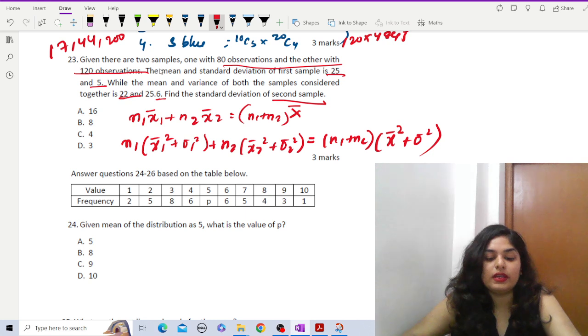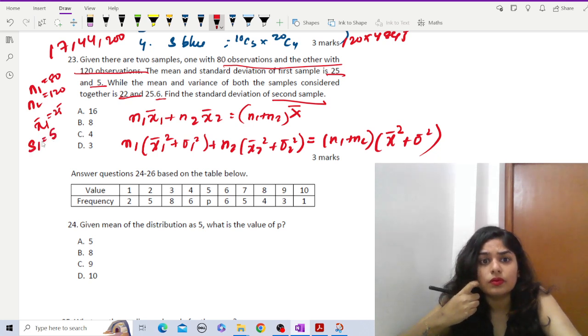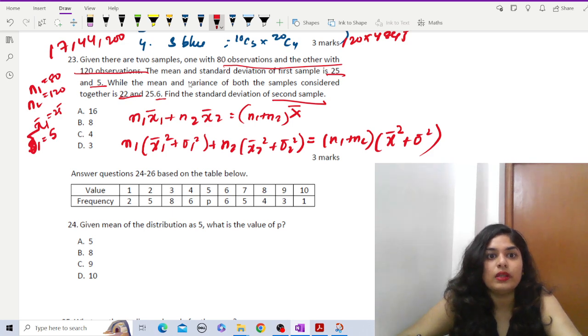We have the following values given. There are two samples, so n1 is 80 and n2 is 120. Mean and standard deviation of the first sample: x1 bar is 25 and sigma 1 is 5. For both samples together, grand x bar is 22 and sigma square is 25.6.